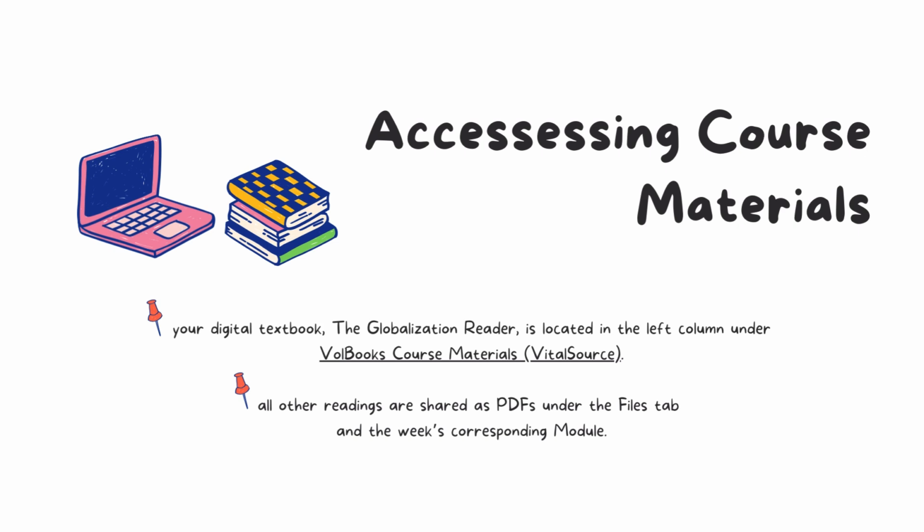If not, let me know. It seems like we've worked out most of these bugs, but still sometimes something comes up. And if I can't handle it, we'll get in contact with OIT because we need to have access to this. The other readings will be shared as PDFs under the Files tab and the week's corresponding module. That's the case with this week's reading on the sociological imagination.